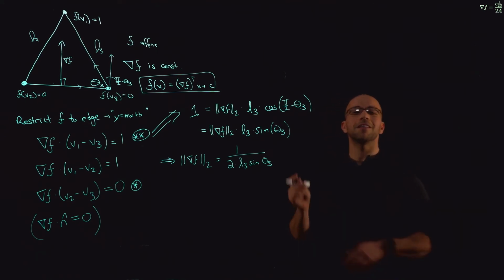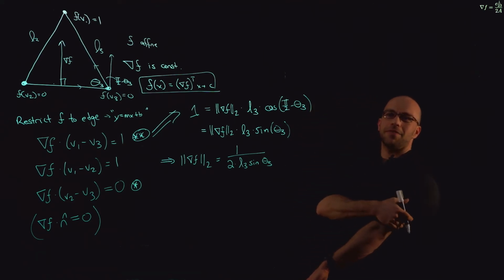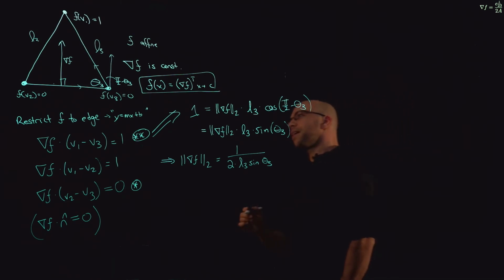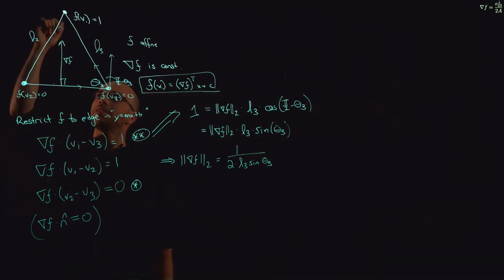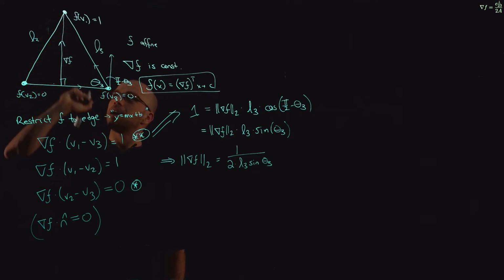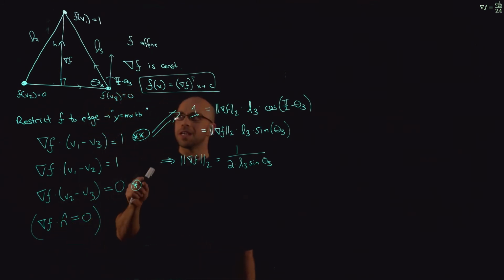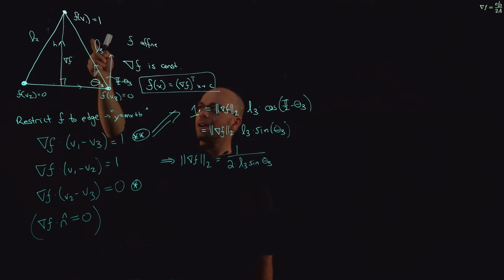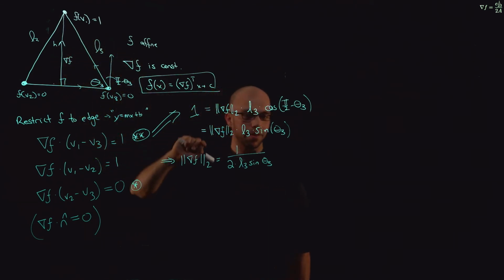Whew. So now let's label some more interesting stuff inside of our triangle. In particular, remember that the height of a triangle is just the length of the line that starts at the bottom and goes all the way to the top orthogonally, so we'll call that h. So take a look. What is the sine of theta 3? Well, sine is opposite over hypotenuse, so it's h over L3.